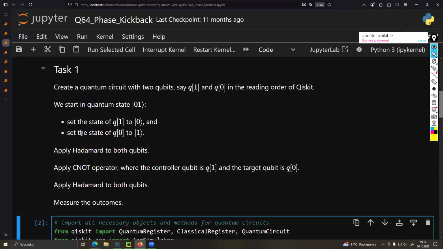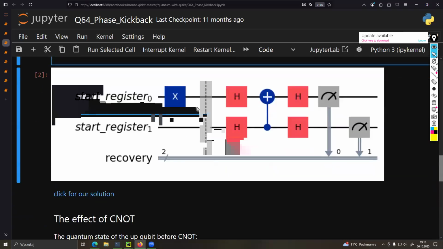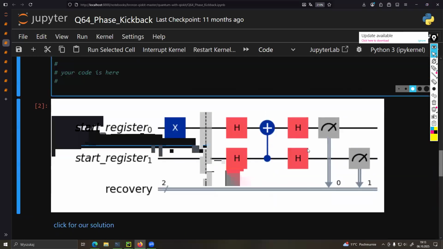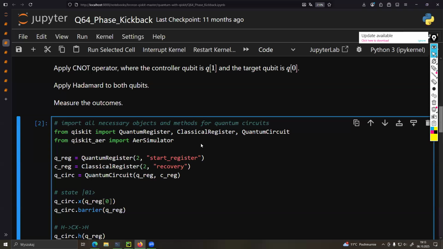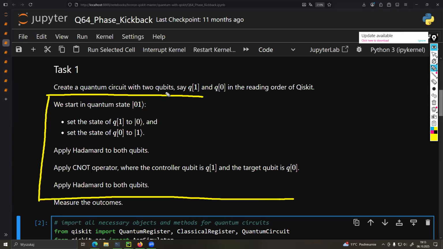So what I do here is I set my register with this exact recipe.